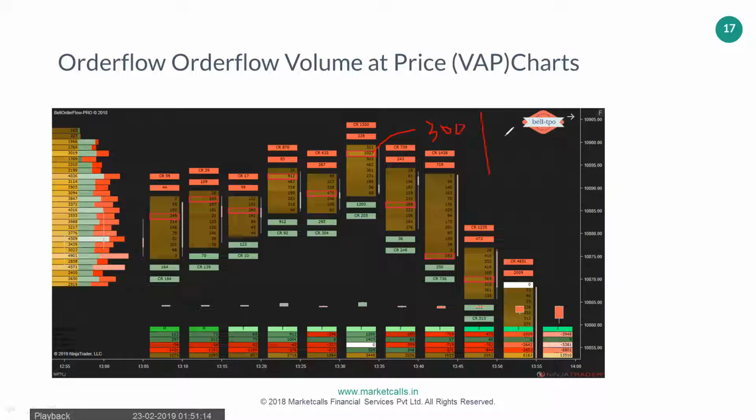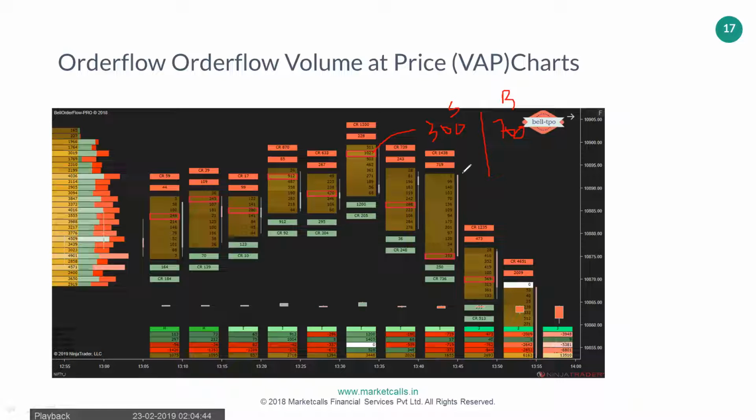So sellers should be 300, and buyers can be, let's say, approximately 700 levels, 700 plus. Instead of showing a buyer seller bifurcation, it shows us the volume which happened at each and every price level, right? Which is also one way one can measure whether activity is happening in an initiative drive mode, or how the order book is getting filled up, how the volumes are when the price is traveling down.